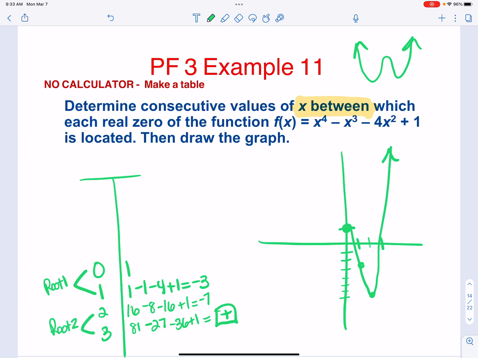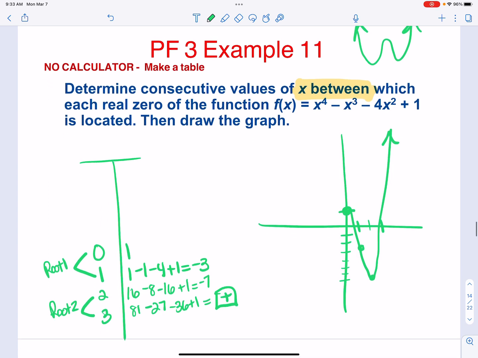Okay, so I'm going to go the other direction because now I know that it's shooting off to infinity. So I'm going to put in a negative 1. That would be 1, negative 1 cubed is a negative 1, so plus 1, minus 4 plus 1, so that's a negative 1. So negative 1 is at a negative 1. So there's another root, root 3, right? And I'm going to get these decimals later, so I'm going to do a negative 2. Negative 2, 4, 8, 16.